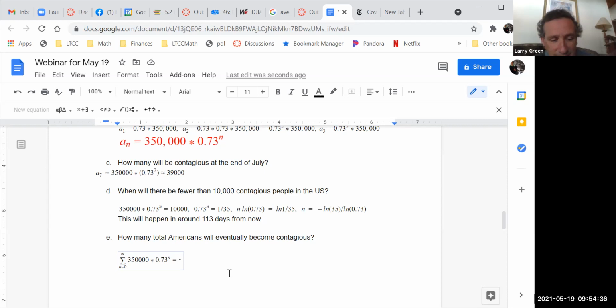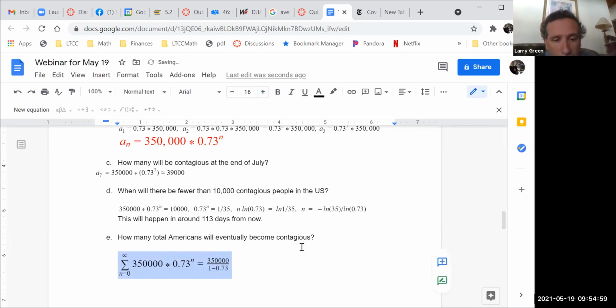If you have a times r to the n, then the sum is a over 1 minus r, and r is 0.73. I know this is small, so I'll make it bigger for you. Okay, and now I can just pop that in the calculator.